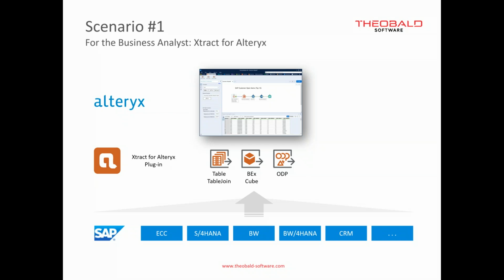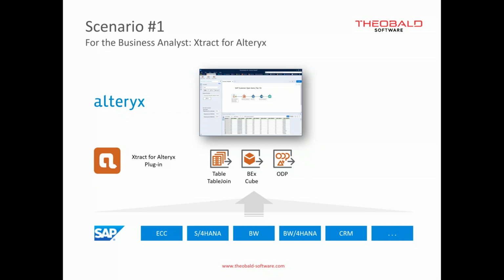ODP stands for Operational Data Provisioning, and it's a technology or mechanism that was developed by SAP for the purpose of extracting data. They developed it to extract the data from a source system like S/4HANA into the target, like BW for HANA. But with our tool, we can also take advantage of this data extraction component inside of the S/4HANA system to bring the data directly into the Alteryx Designer.